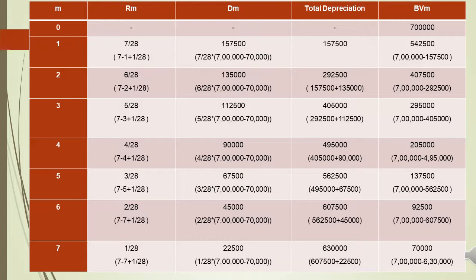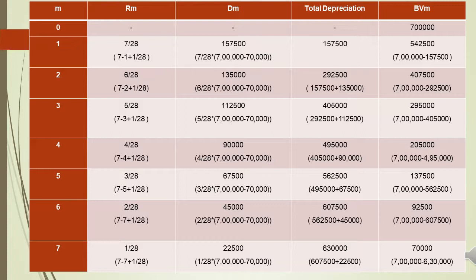So here I have completed RM for all the 7 years. So my RM column is full. Next I am going to calculate DM. DM has a formula, that is RM into P minus F. Now RM you have got, for every year you have got the RM value.